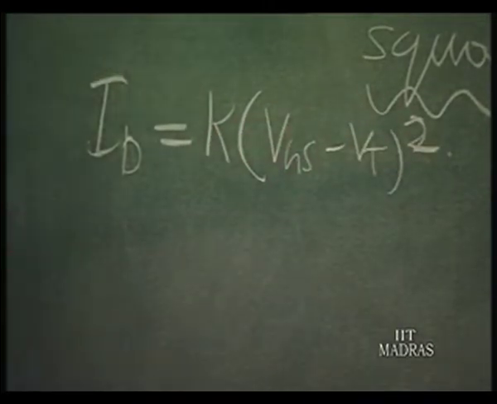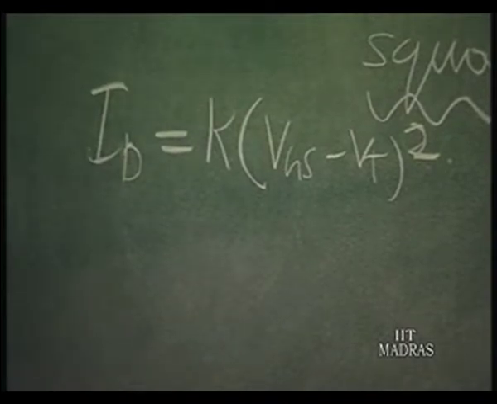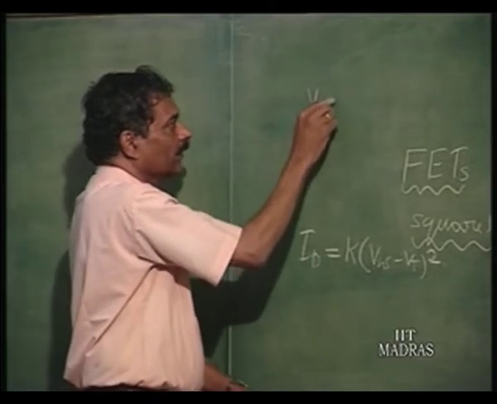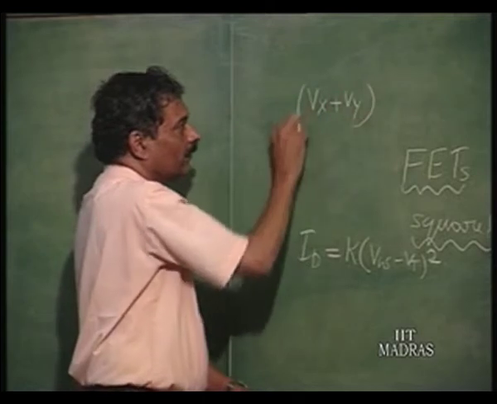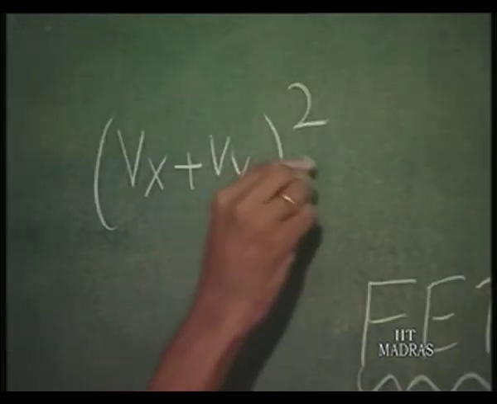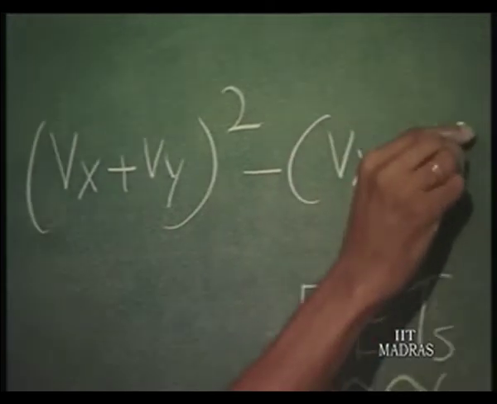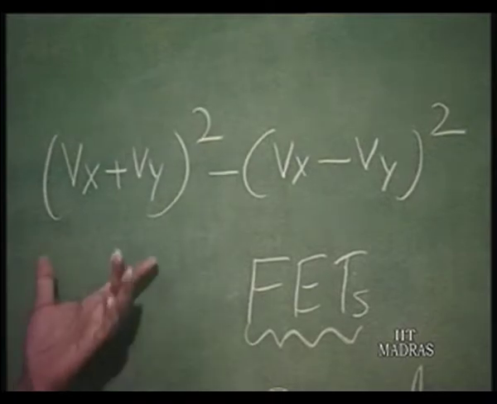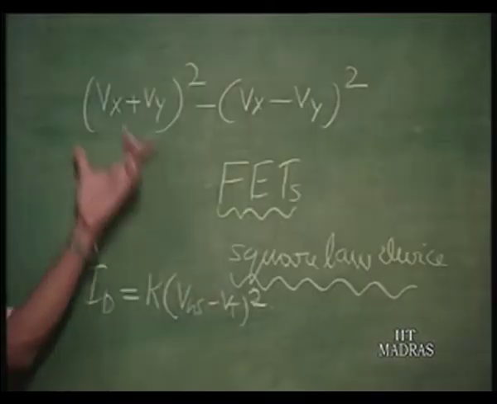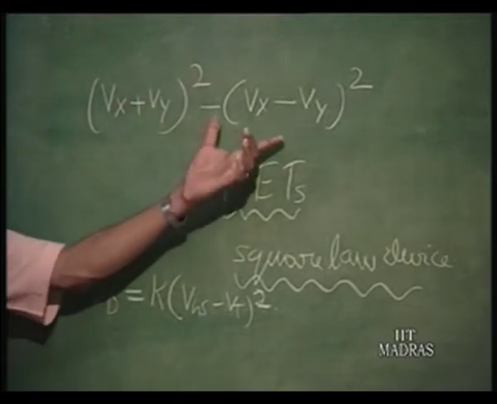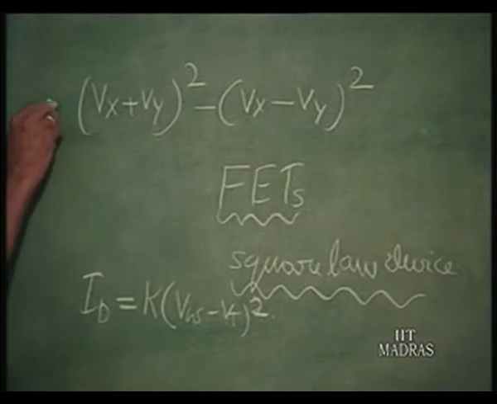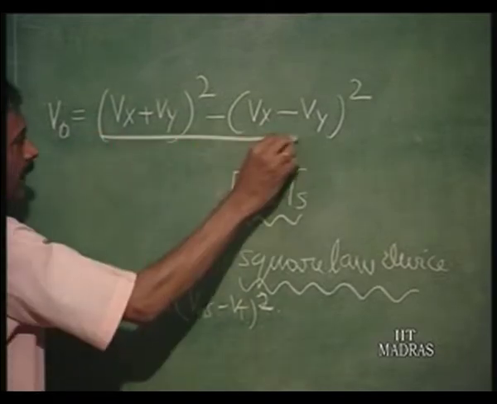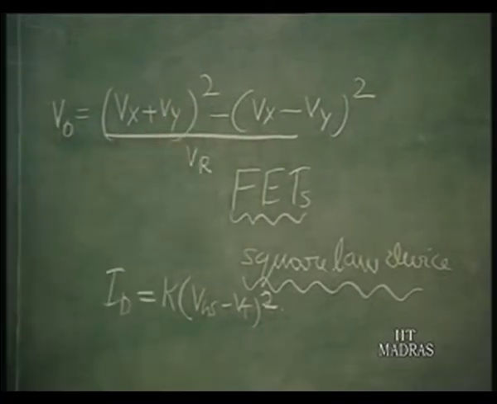So, this square law principle, how can you use in designing multipliers? One way is, we know that basically if we have Vx plus Vy whole squared, minus Vx minus Vy whole squared, if you get the output in the following fashion, then that divided by, let us say, Vr, because that is a voltage.